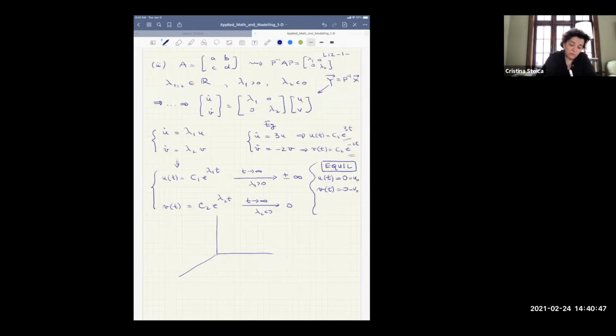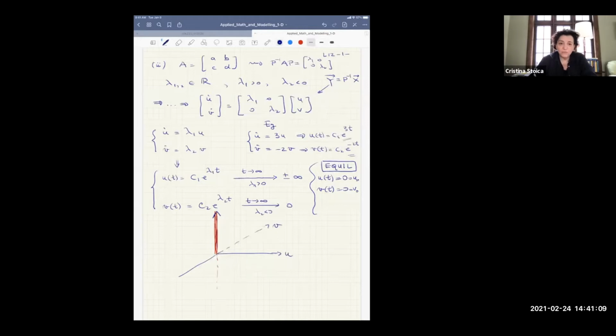If I do a drawing in 3D about this stability, let's say this is the t-axis, and the red thing is really our equilibrium. And here are the coordinates v and u.